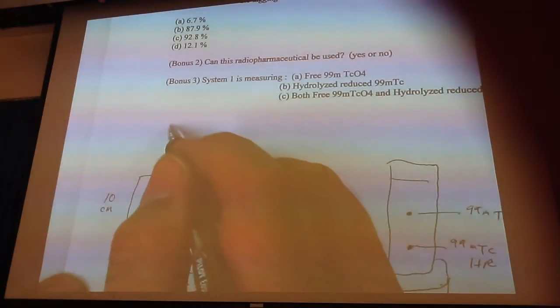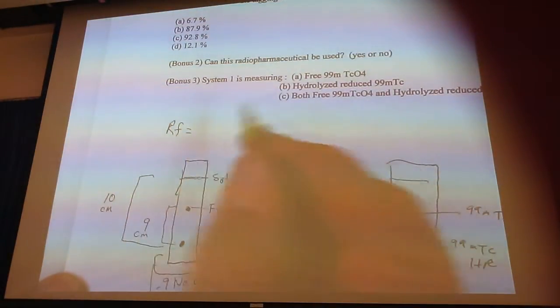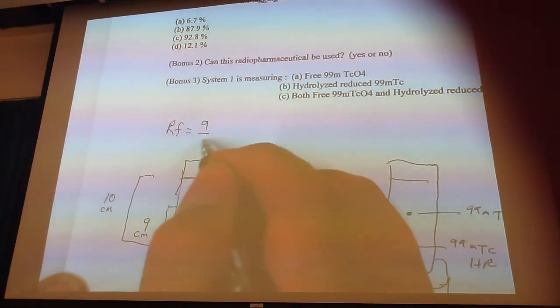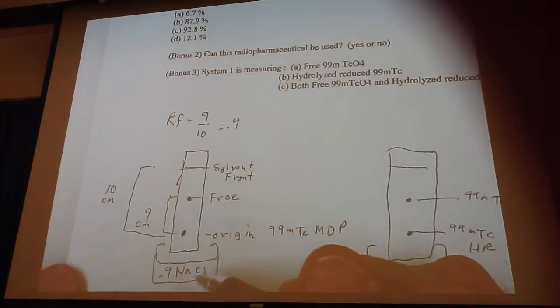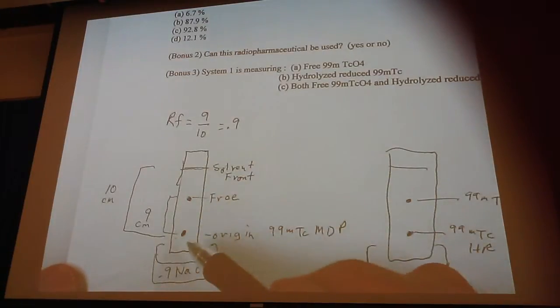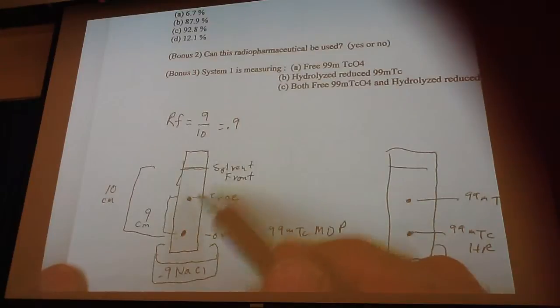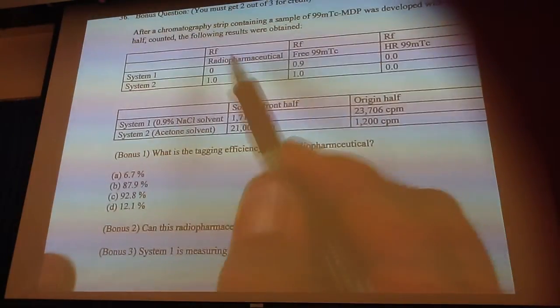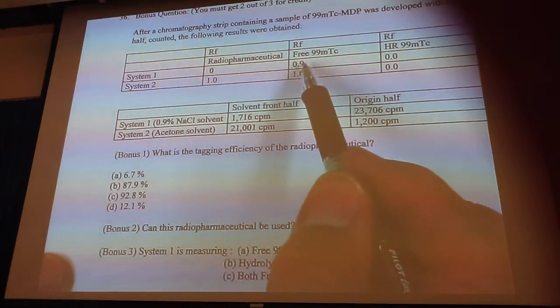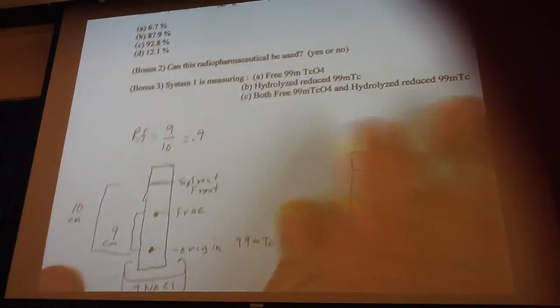So the relative flow for the technetium should be 9 over 10, or equal to 0.9. So that means every time you do a test for this radiopharmaceutical, the free technetium should always travel 90%, and the radiopharmaceutical itself shouldn't move at all. Does that make sense? That's what the 0 means, that there's 0 movement on that. The free technetium goes to the 90% line up to here.